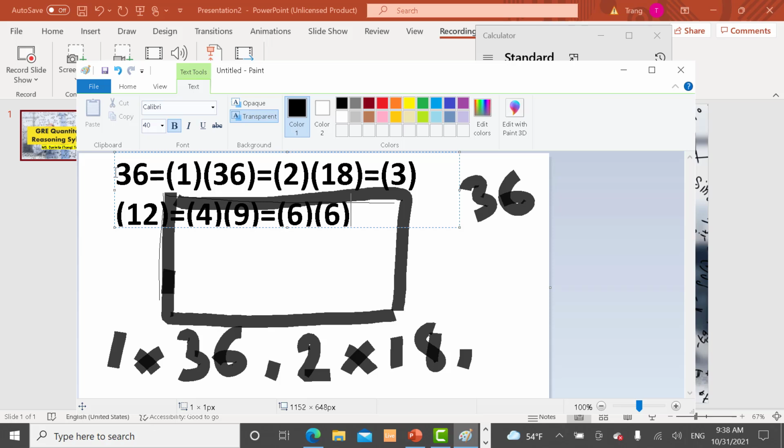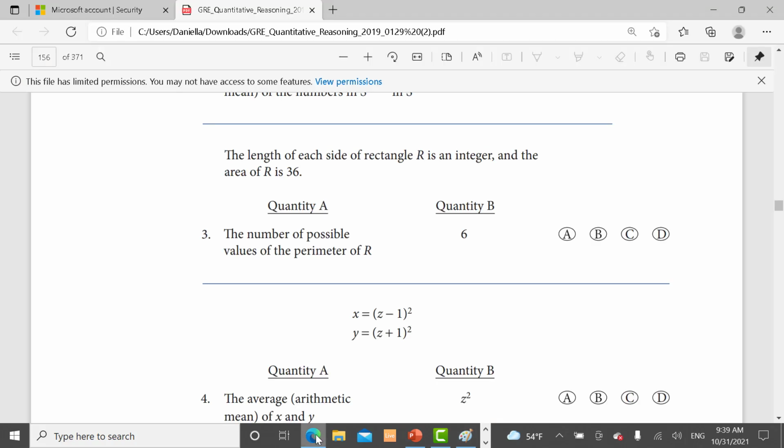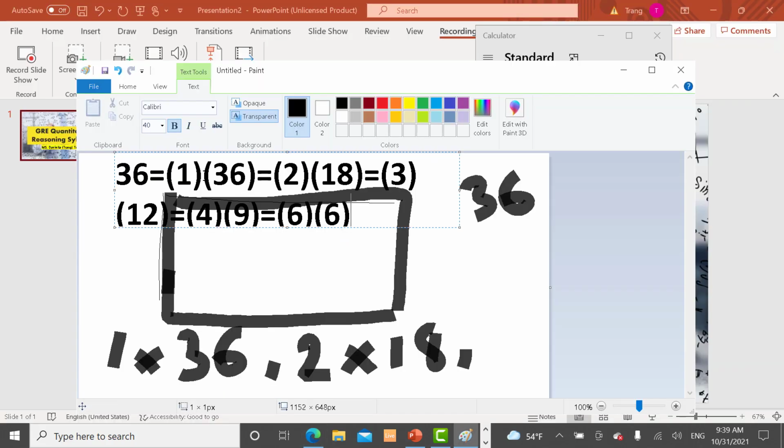The question asks for the perimeter. Remember, the perimeter is 2 times A plus B, where A and B are the lengths.